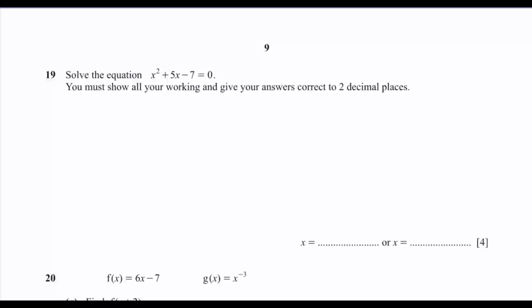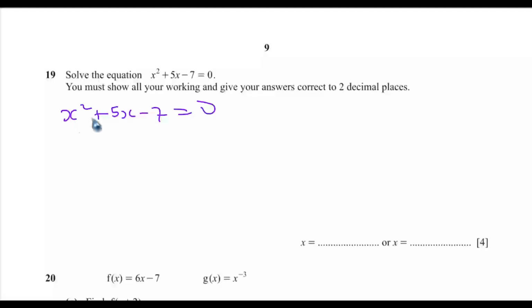Solve the equation x squared plus 5x minus 7 equals 0. You must show all your working and give your answers correct to 2 decimal places. So we have x squared plus 5x minus 7 equals 0.